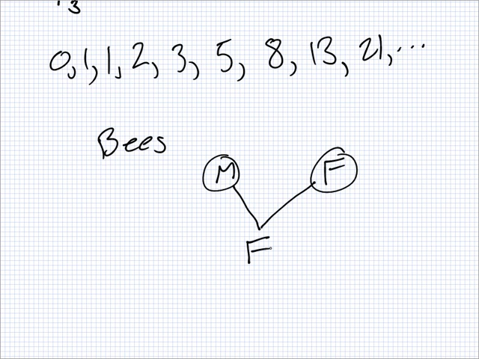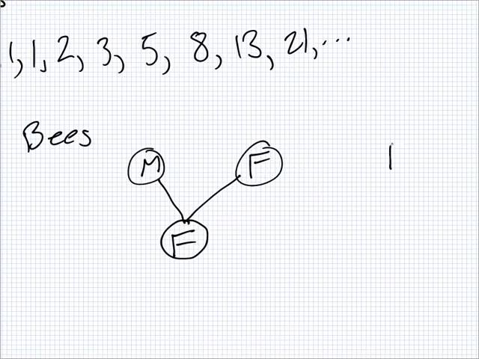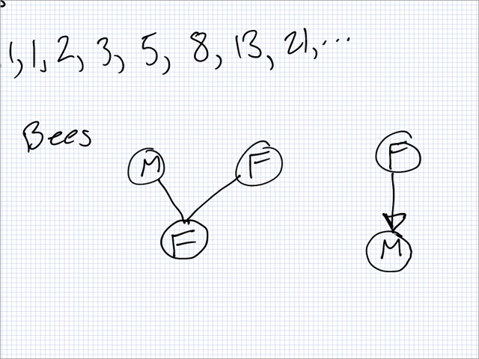So when the egg is fertilized, it produces a female bee. However, you can actually have just a female bee lay an egg, and when she does, it produces only a male. So it's not like with people. Mother and father can produce both boy and girl, but with bees, mother and father produce only female, whereas unfertilized produces only male.